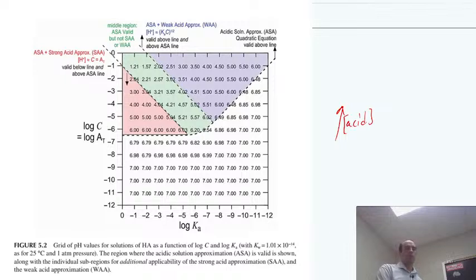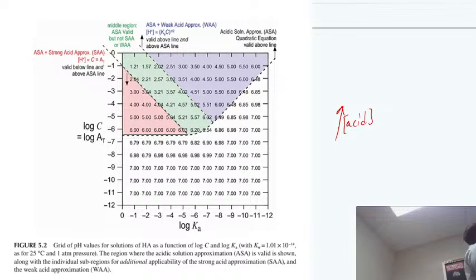Now, at some point, we have an intermediate condition where in the green here the ASA is valid, but not the strong acid or the weak acid approximation, because we're somewhere too close to in between there.